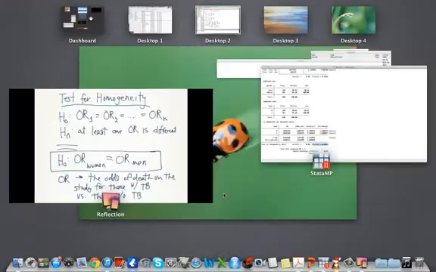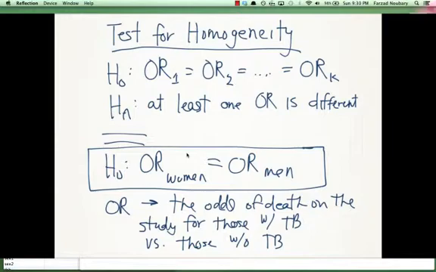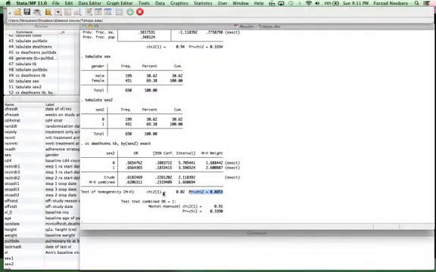And in this case, if I can switch back here, we conclude that this seems reasonable. It seems reasonable to say that the odds ratio of death on the study for those without TB compared to those with TB is similar for men and women because of this result here from the Mantel-Haenszel test of homogeneity. Okay? All right. So that's step one in what we've been discussing.